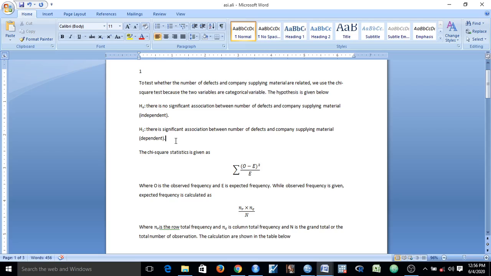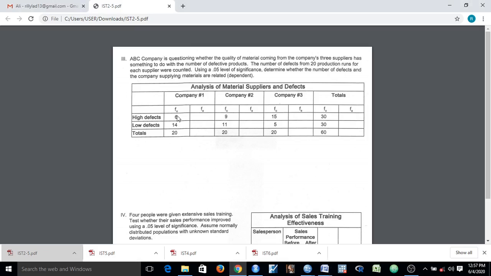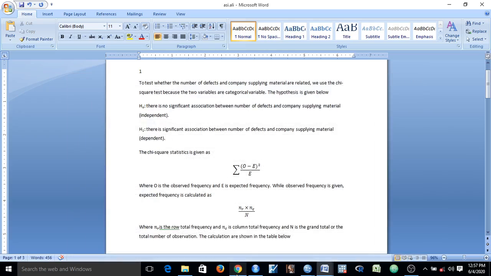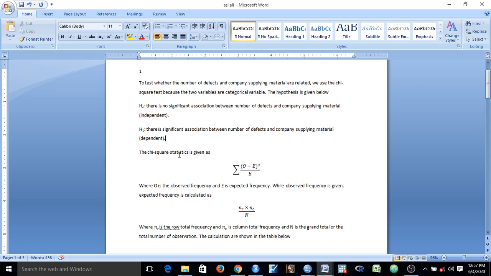Then we give our chi-square statistic. The chi-square statistic is the summation of O minus E all squared over E, where O is the observed frequency. Our observed frequencies are the frequencies that were given to us in the question, while our expected frequency will be calculated by us.